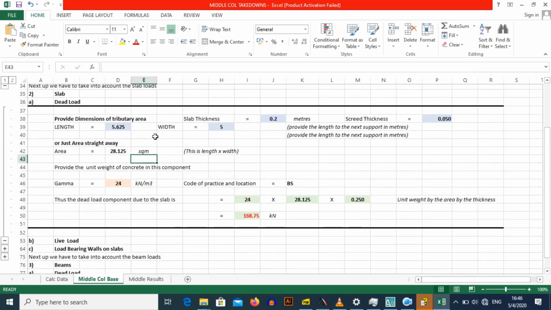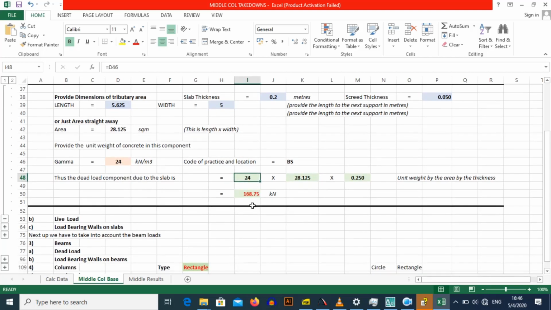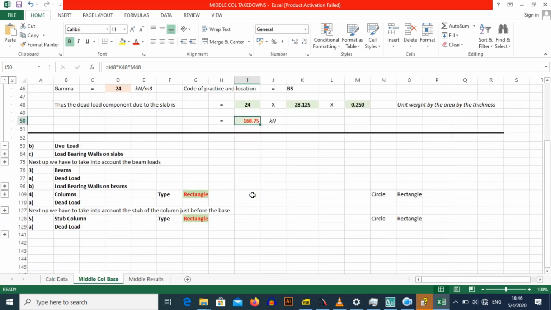So the area is that. Gamma is the unit weight of the concrete. From SABS or wherever you look, even if you look at Reynolds, it's 24. So code of practice or location is BS/SABS. So 24 plus that, and then you calculate the total load coming from the slabs, which is 168.75.